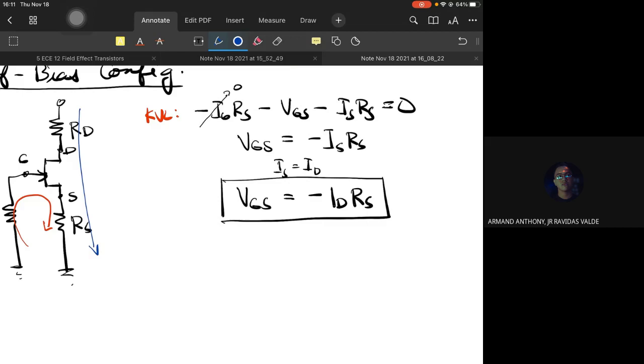How about here? KVL here. VDD minus ID RD minus VDS minus IS RS equal to 0.